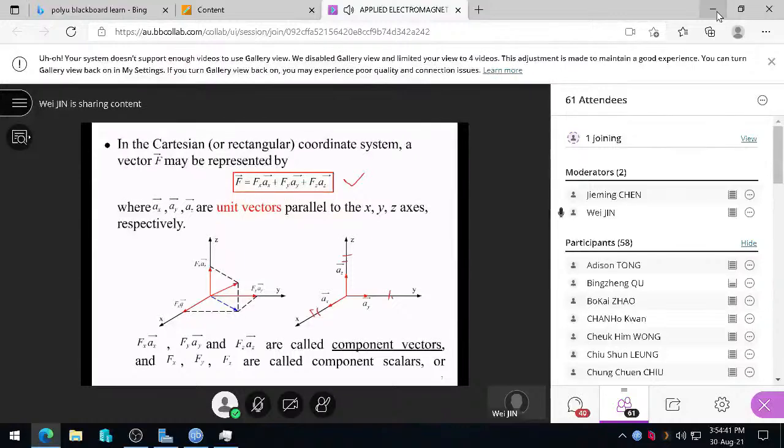Now, this is the definition of the dot product. Also you can see the meaning is very clear. The magnitude of P is P, the magnitude of Q is Q, but this angle is theta.